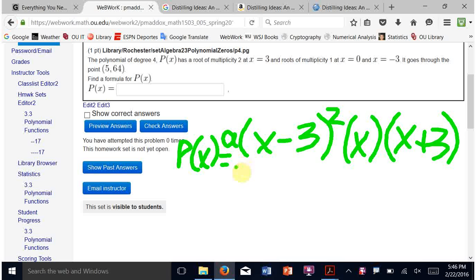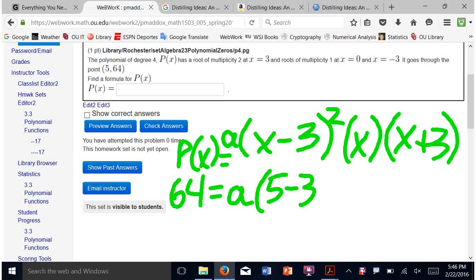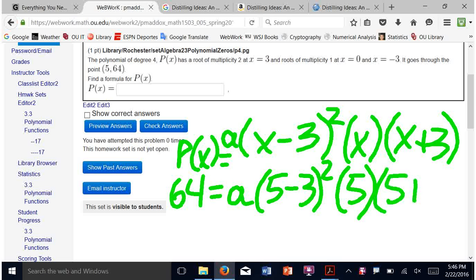Okay, so we can plug in 64 for p of x equals some unknown stretching factor a, and plug in your x equals 5, so a times 5 minus 3 squared times 5 times 5 plus 3.